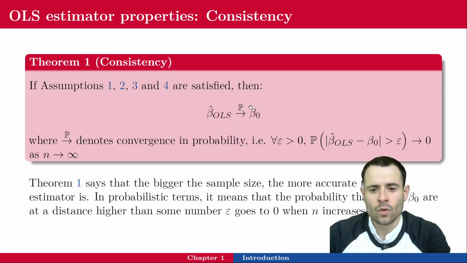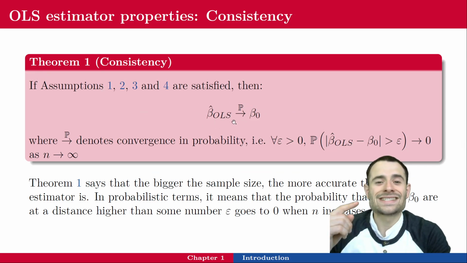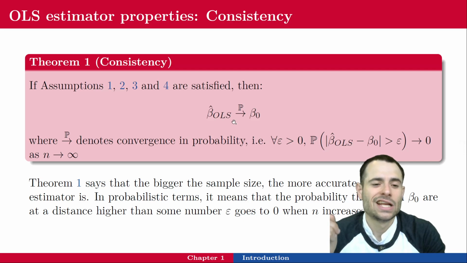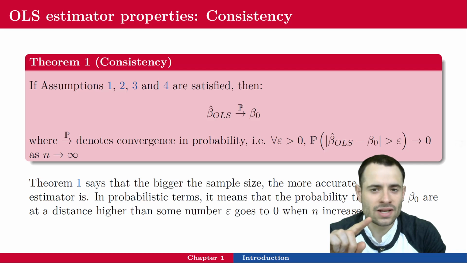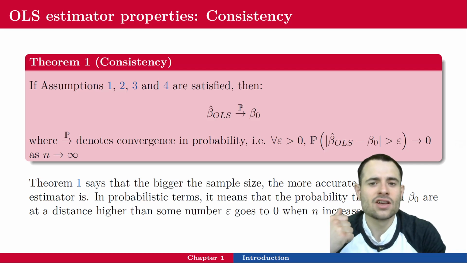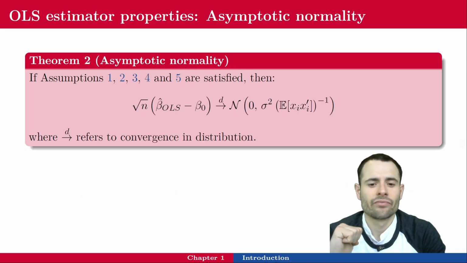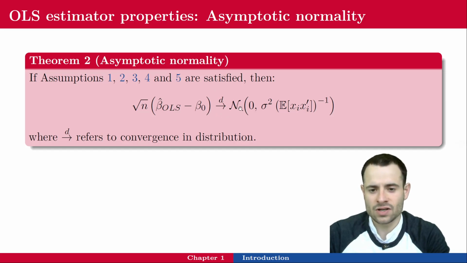Why? Well, because of consistency. We know that asymptotically the estimator is unbiased. Asymptotically unbiased is the same as consistent. So, asymptotically, when n is equal to infinity, this thing is on average equal to 0.